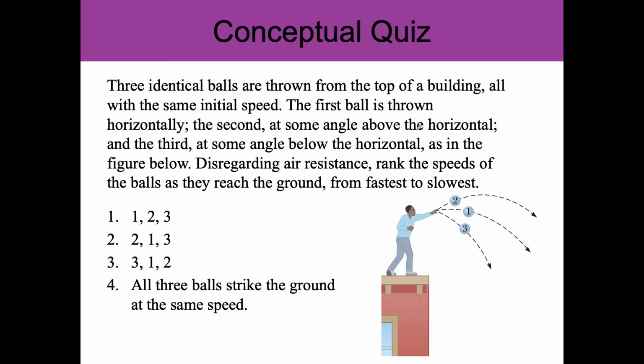Let's try to think about this conceptual problem. We have three balls thrown from the building. We throw them at the same speed, just in different directions. The question is, if we can ignore air resistance, what will be the speed of balls 1, 2, and 3 when they get to the ground?